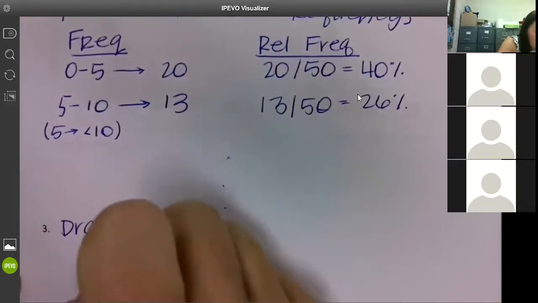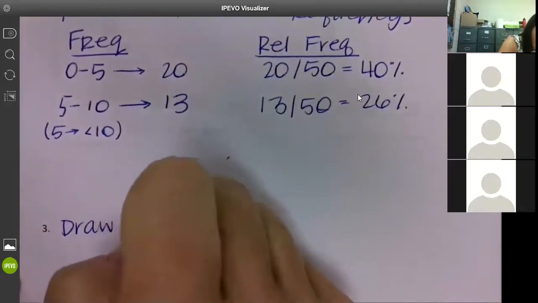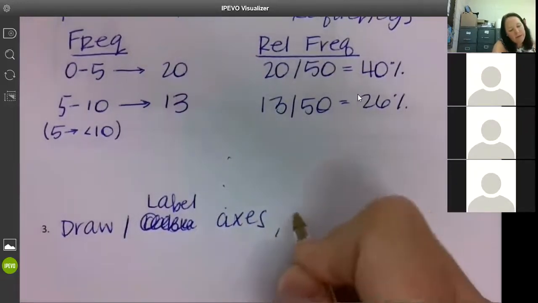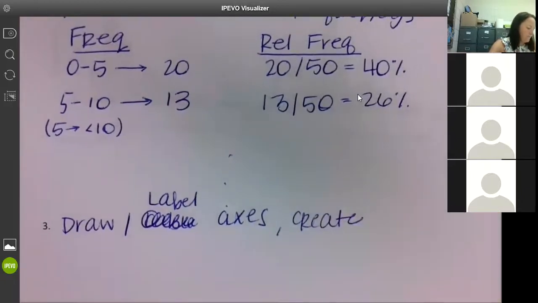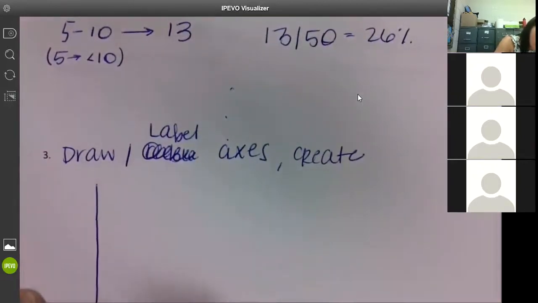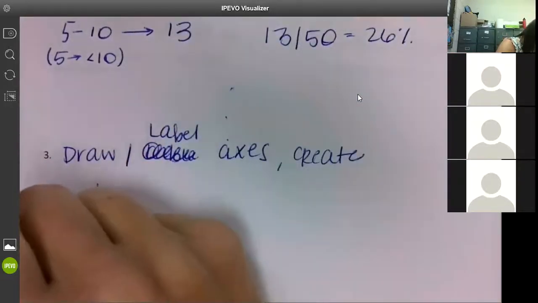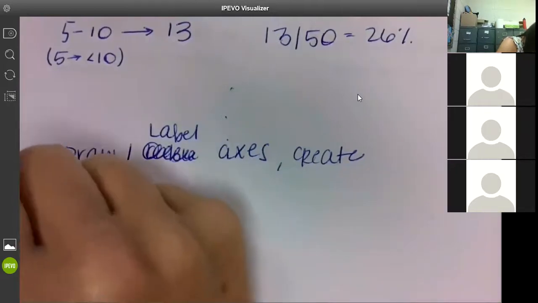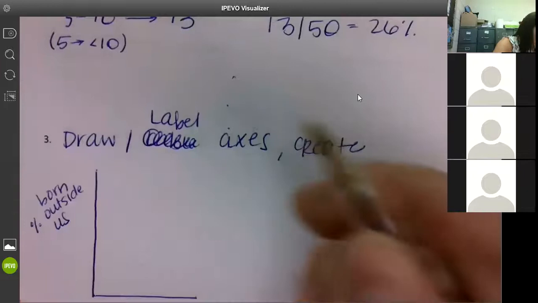Then you're going to draw and label your axes. I spelled that wrong. And then create your histogram. Okay, so if you were doing the frequencies, the table said it was the percent born outside of the US.